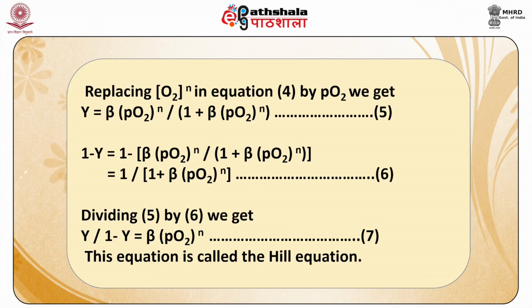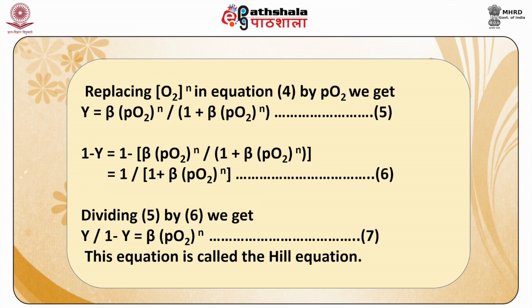Replacing the concentration of oxygen by PO2, we get Y is equal to beta PO2^n divided by 1 plus beta PO2^n. And therefore, 1 minus Y is equal to 1 divided by 1 plus beta PO2^n.